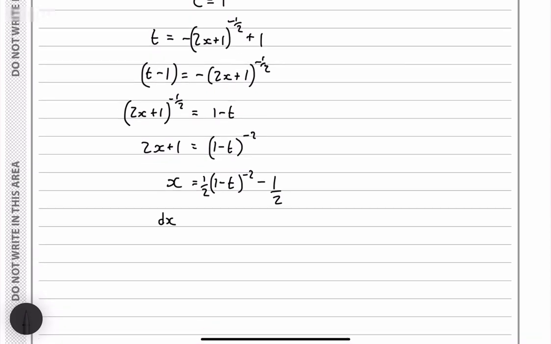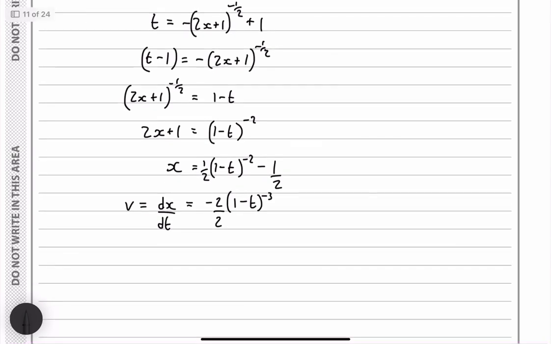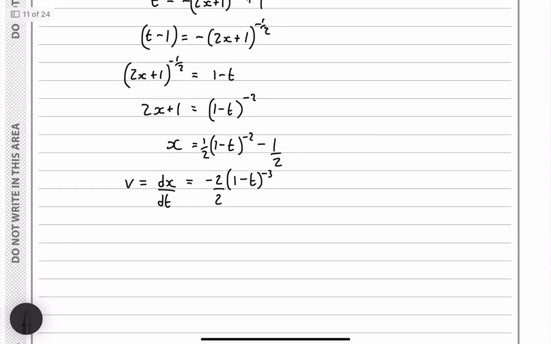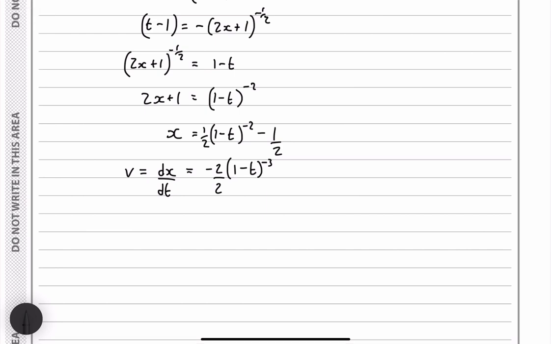Now dx by dt, which will give us v in terms of t, is going to be minus 2 over 2, 1 minus t to the power minus 3. So that half disappears to 0 when we differentiate that, and we also have a minus 1 coming out of this bracket.